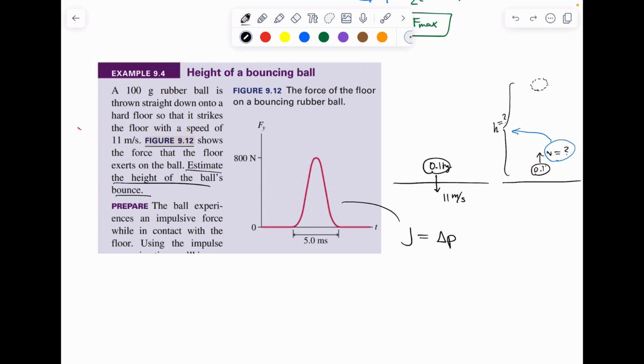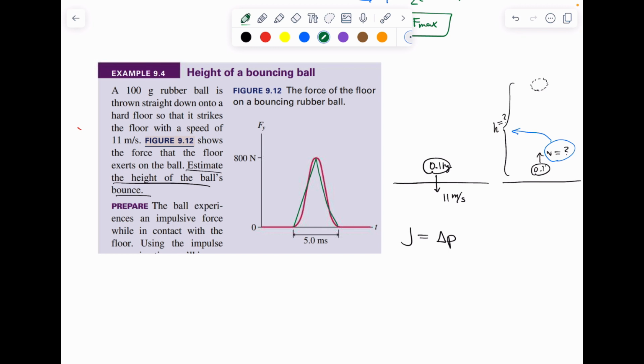So you want to see what is the path from the impulse from the graph to the answer that we want. So ideally, the area under this graph is the impulse. In a case like this, it's a curvy graph, but we can essentially approximate it as a triangular shape.